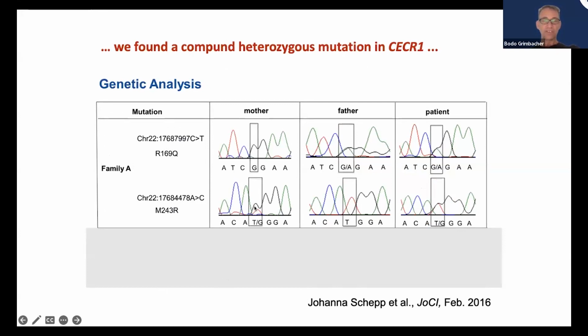So the mother had a mutation at a different position in the same gene as the father, and the unfortunate patient had inherited the mutation from the father on one allele and the mutation from the mother on the other allele. So this is a compound heterozygous result, which made the patient sick because he had two defective alleles, but both parents are healthy because they have one retained healthy allele.